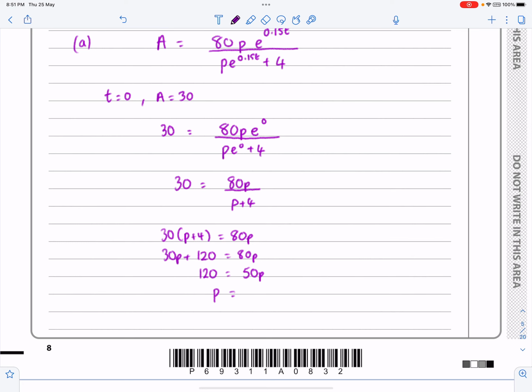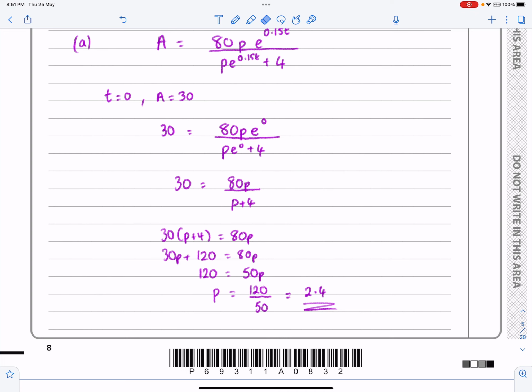So P works out to be 120 over 50, which equals 2.4, which was what we were trying to show in the question. That's why I showed so many steps there: if we're trying to prove something, don't jump too quickly to the answer. Make it absolutely clear that you understand what you're doing.